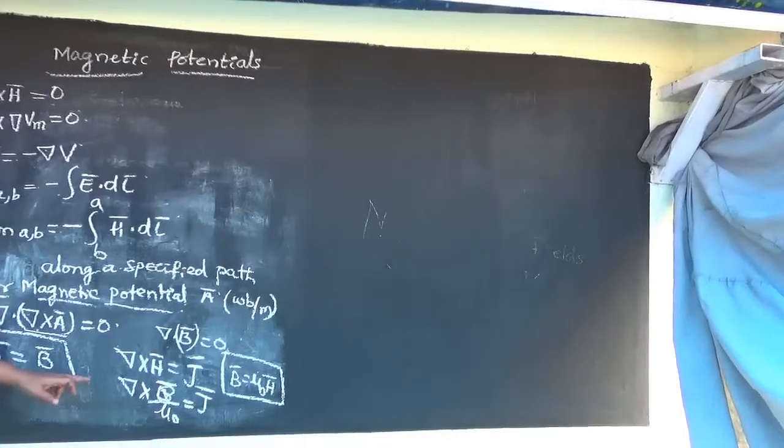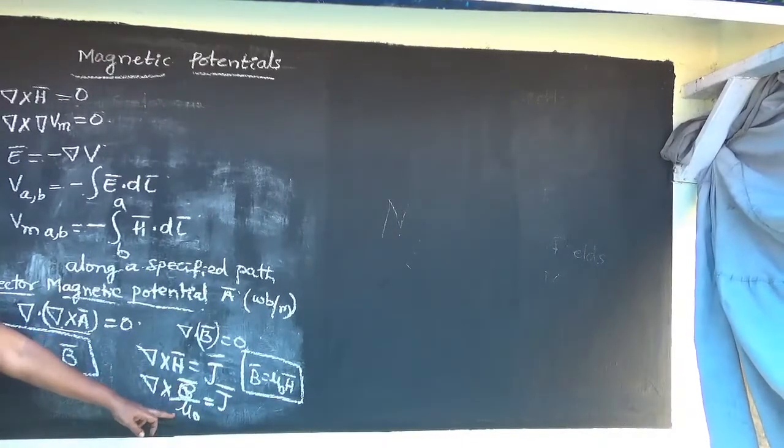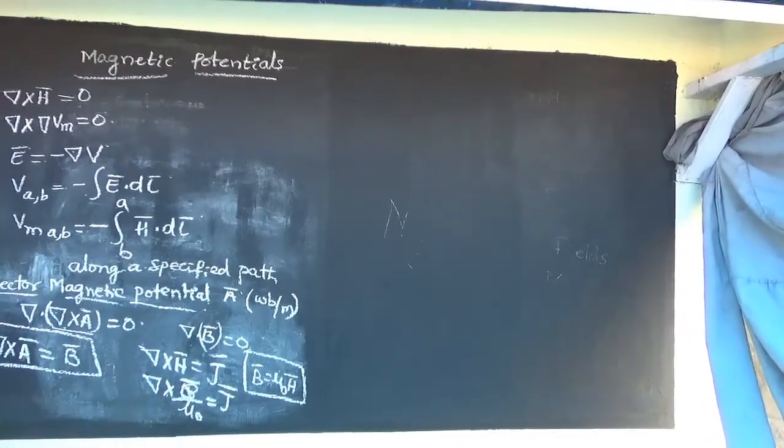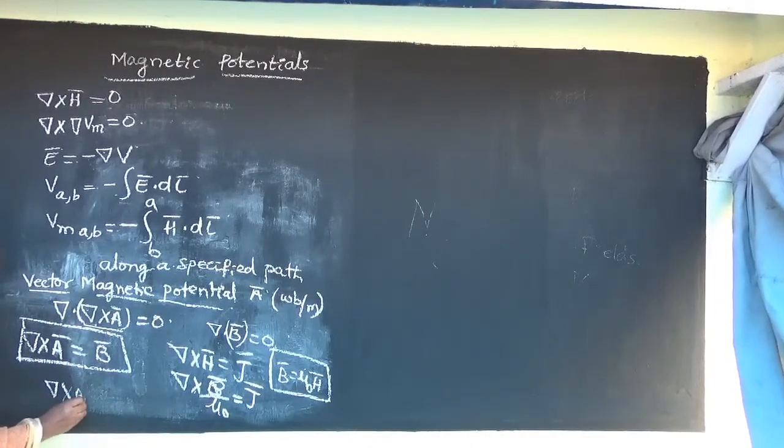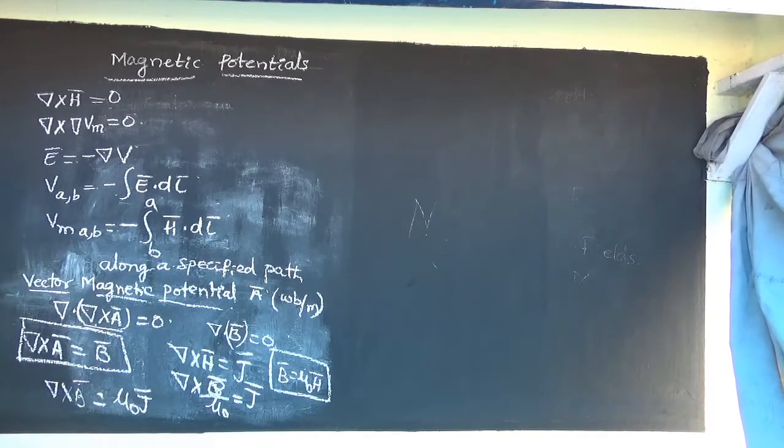So del cross B bar by mu naught is equal to J bar. So del cross B bar is equal to mu naught into J bar.